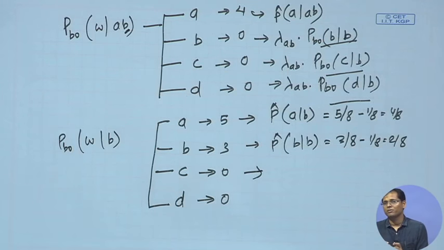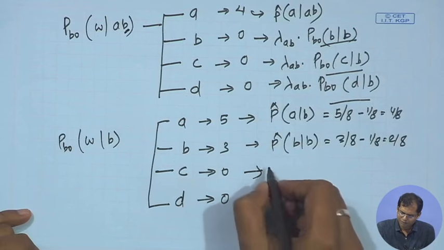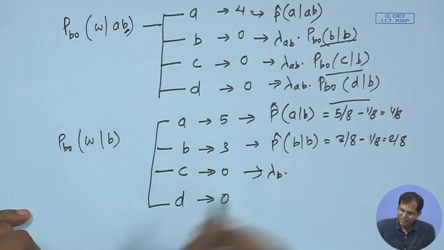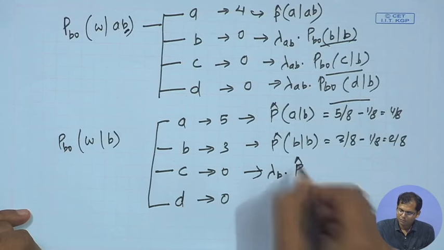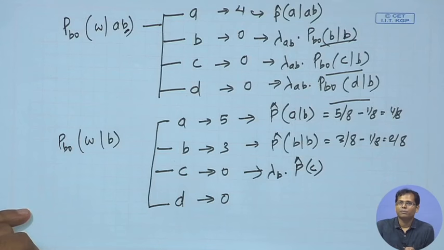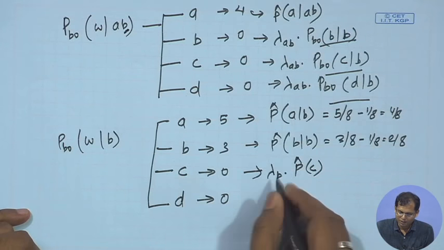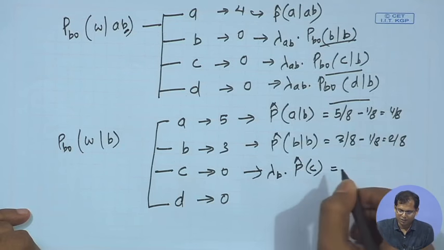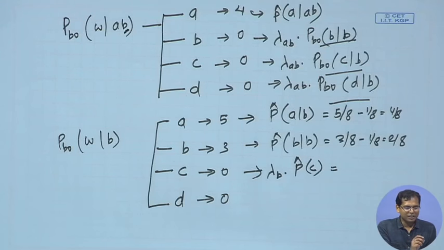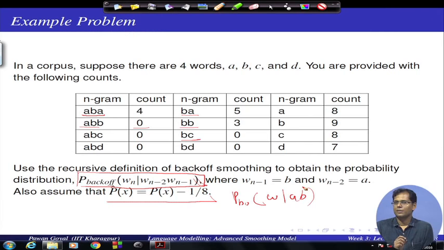Now what will be this? This occurs 0 number of times, so this will be lambda B times the unigram probability of C, P hat C. We can see from my data what P hat C is. C occurs 8 times, and the total of my unigram count, if you add, will add up to 32.